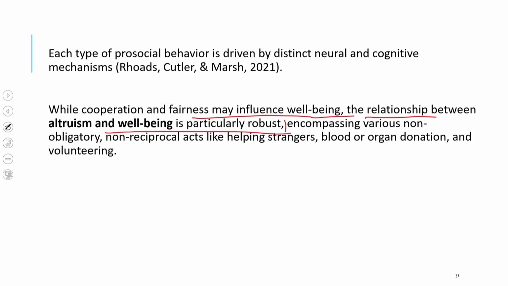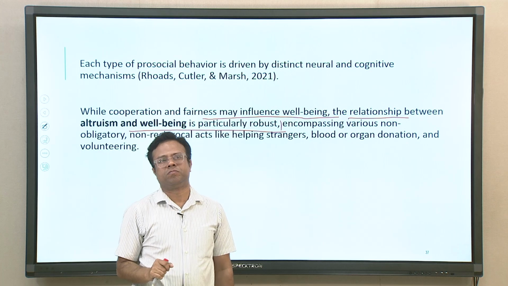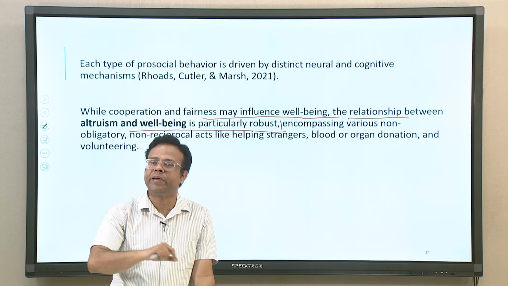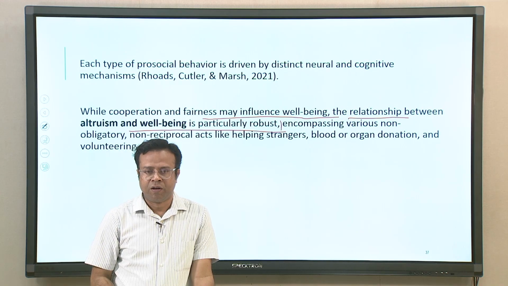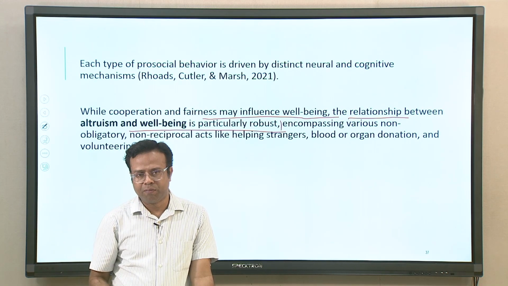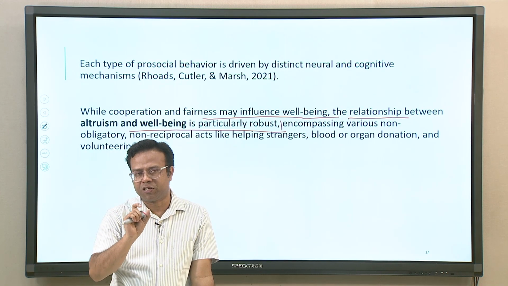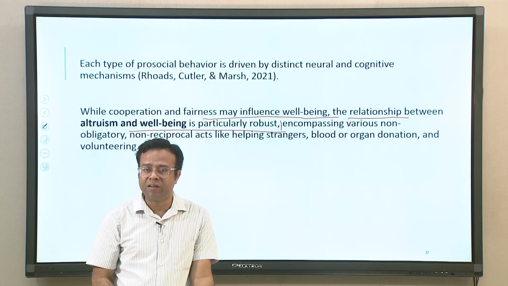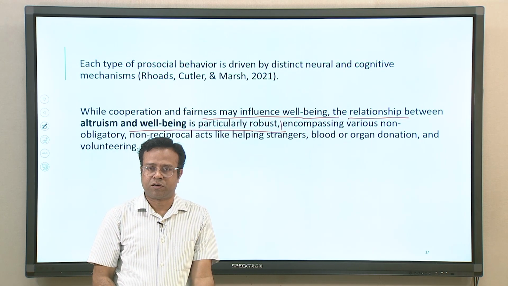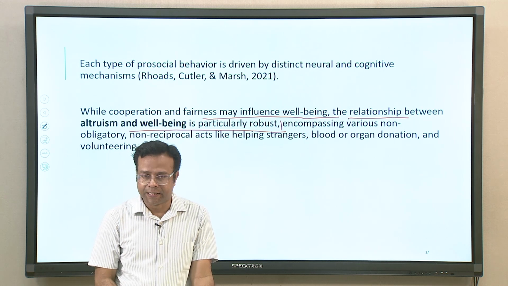Altruism is very strongly connected to well-being. This is what empirical research shows. Other aspects are also related to well-being, but altruism has a more robust relationship with it. A lot of empirical research indicates this.